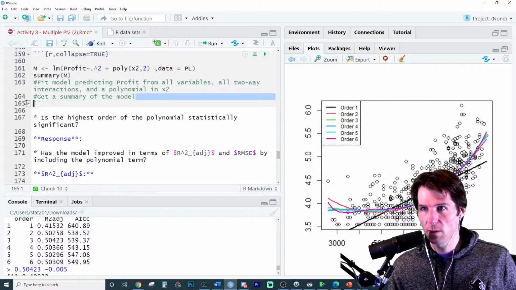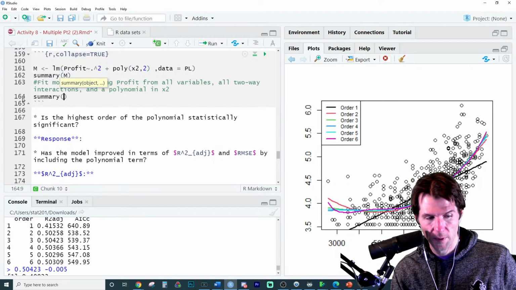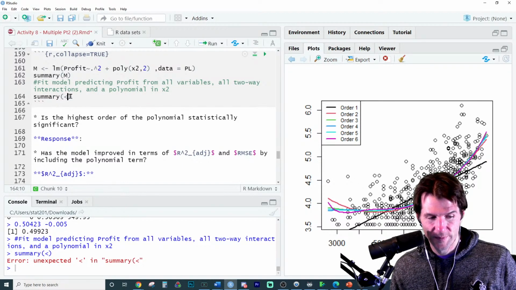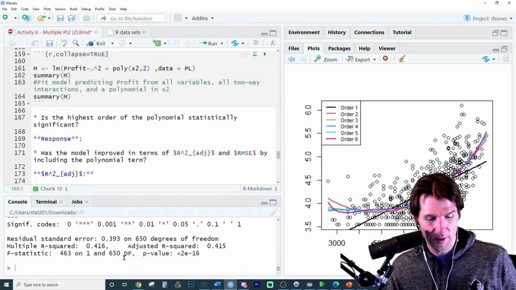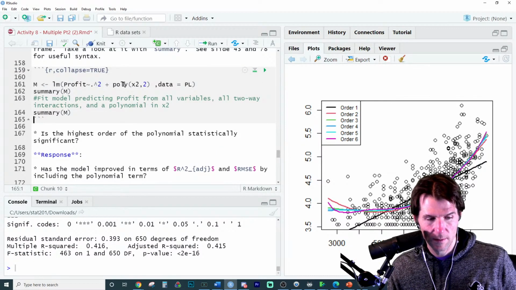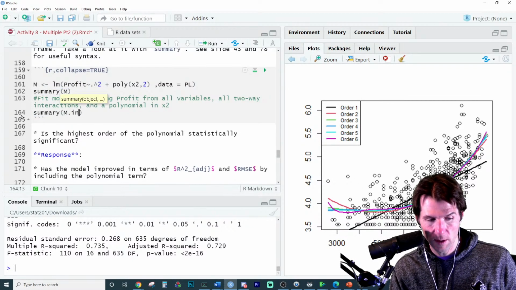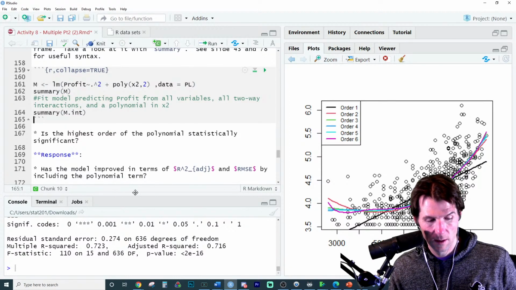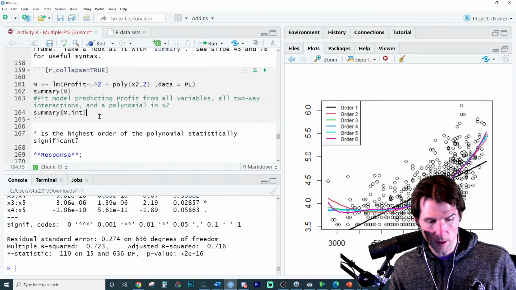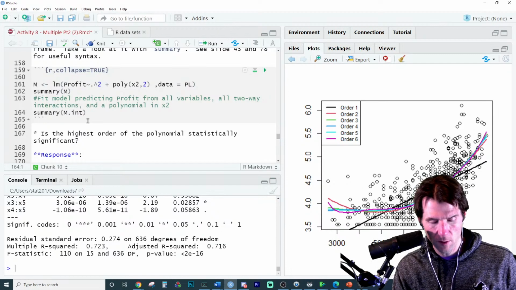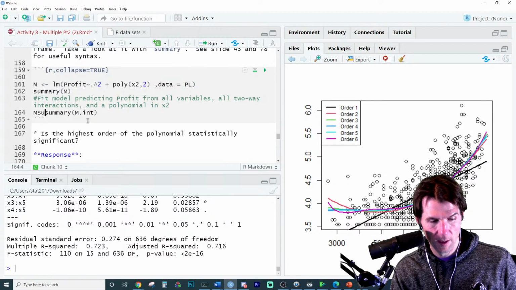Okay, let's go take a look. We need to do some model comparison right here. And nope. Here's our model now. That's not right. There's our model now. And let's look at the model with the interactions only. And I think we can get the R squared out of this. Let me go right here and go msum dot int.